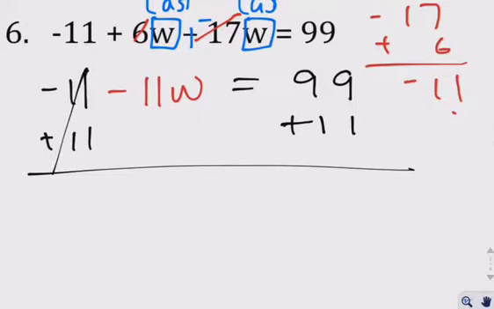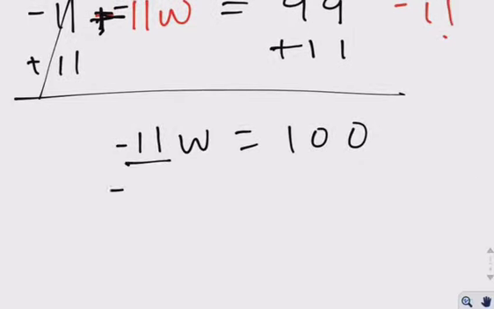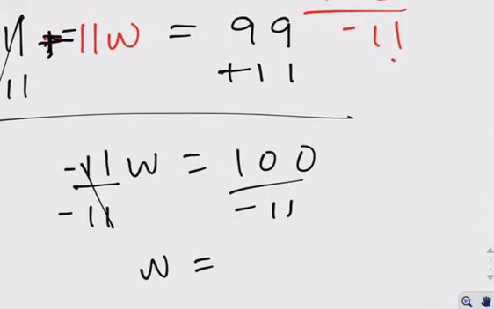Okay, this is a negative. Remember, that was a negative 11W. Negative 11W equals 110. Divide by negative 11. Got W equals 9.